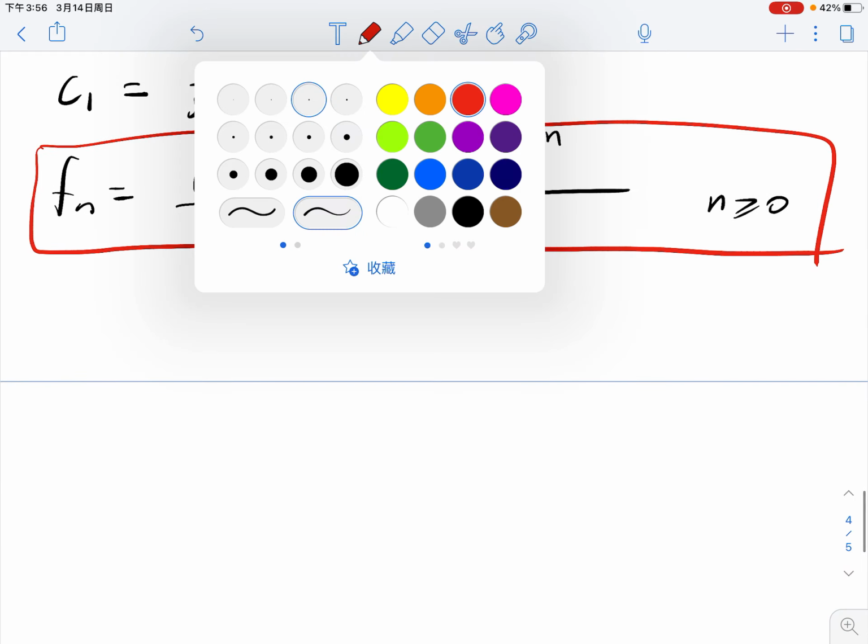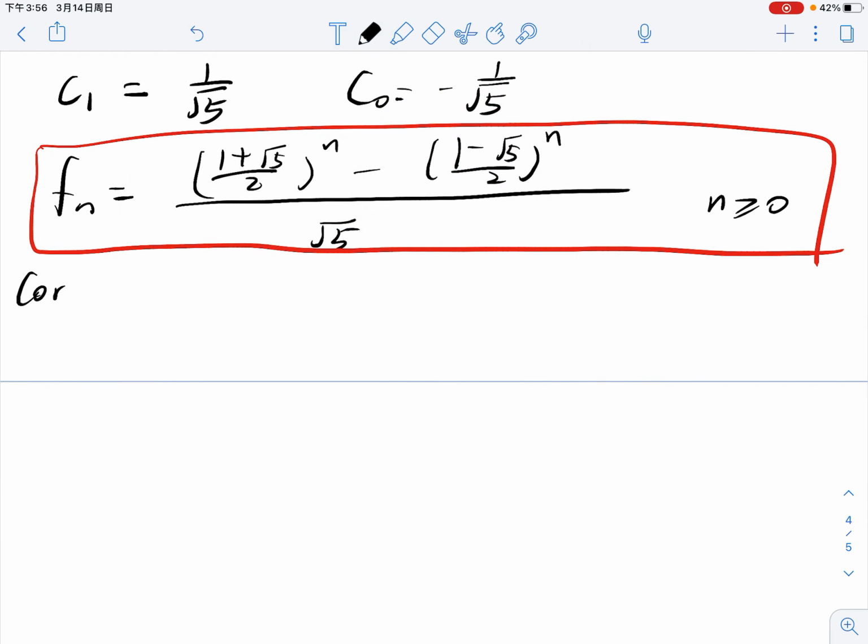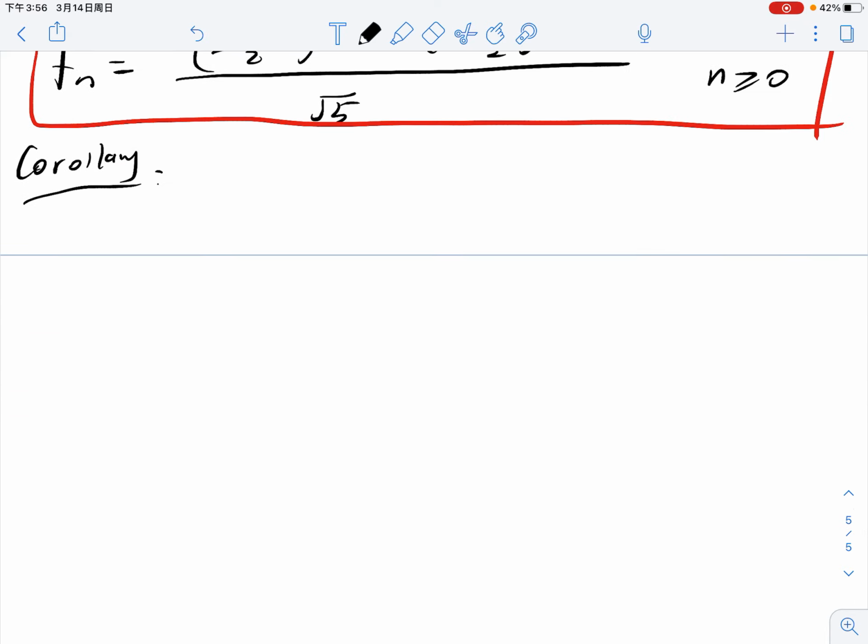And a little bit of variation will be a formula for the general Fibonacci sequence. So suppose the first one is A, second one is B, and the relation is the same.